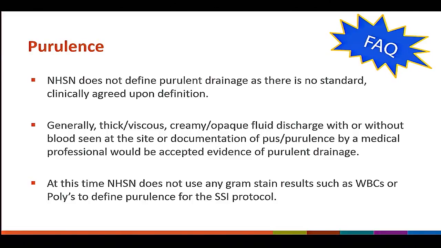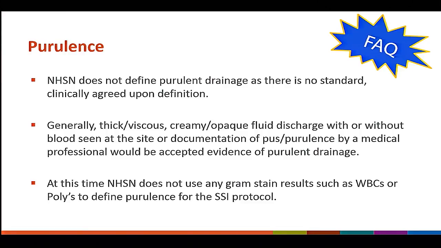So NHSN does not define purulent drainage. There is no standard clinically agreed upon definition. Generally, though, we see such elements as thick, viscous, creamy, opaque, fluid discharge, with or without blood seen. But most of the time we see pus or purulence being noted by a medical professional, and this is accepted evidence of purulent drainage.